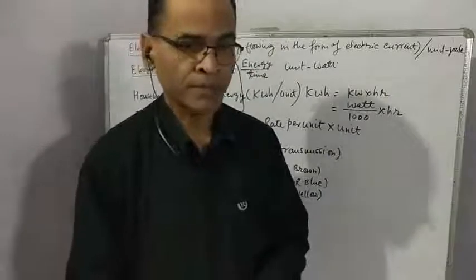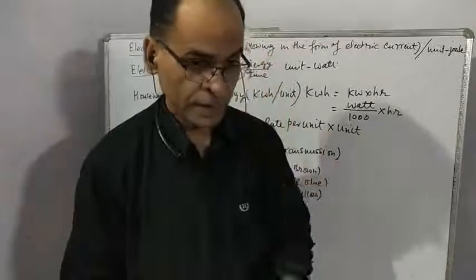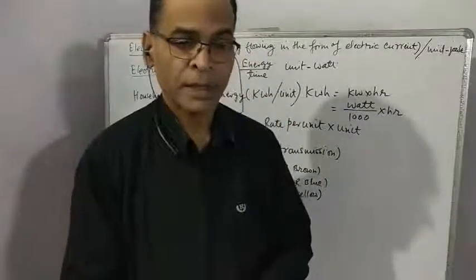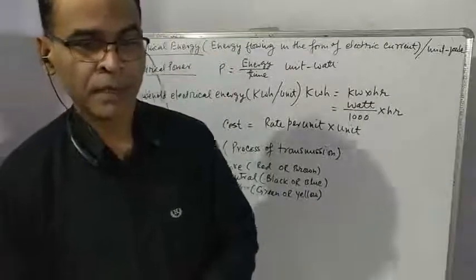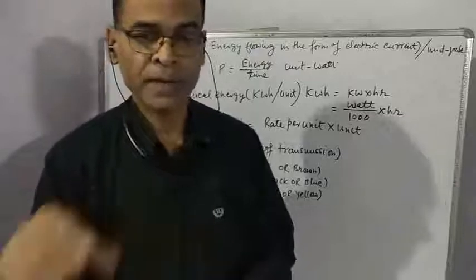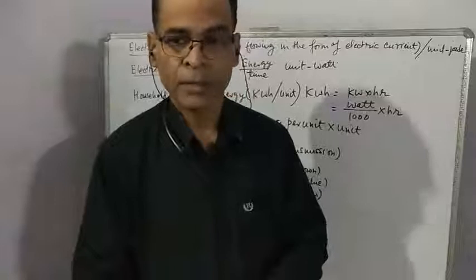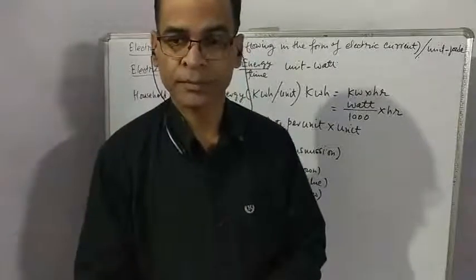For example, suppose you have an extension box made for a certain maximum current, but if you connect many devices to that extension box, more current will flow than allowed.